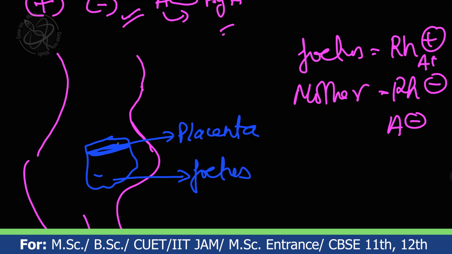This is the placenta, the major connecting link or the barrier between the mother and the fetal cells. What happens during the first pregnancy, where the fetus is positive and the mother is negative?